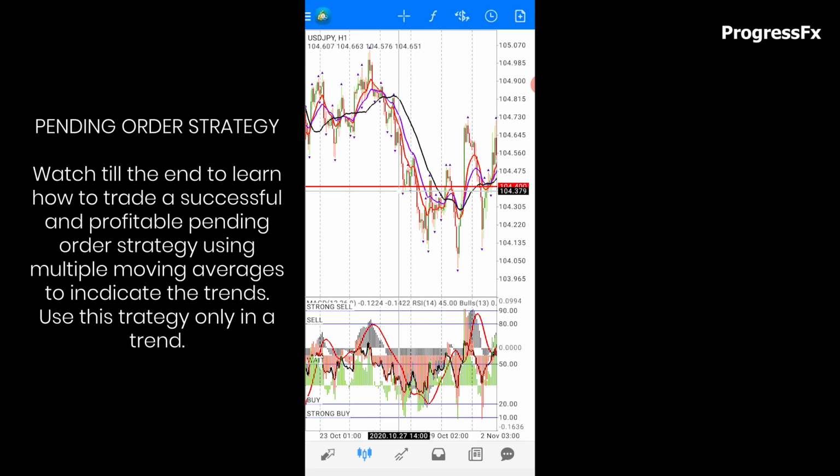Place your sell stop order, and of course stop loss somewhere as you are told. Boom, definitely it's going to be just like that.